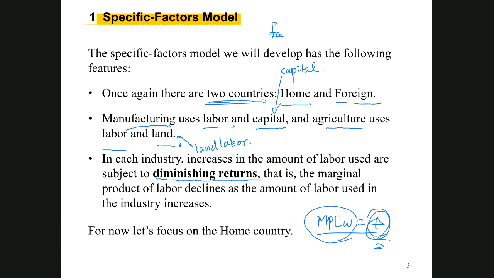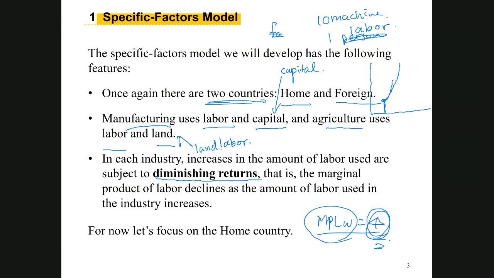So if you have 10 machines in the beginning, and you only have one person, one laborer, what does the total production look like? If you hire one more person, your production should increase like this. So originally, your production should increase at an increasing rate, right?